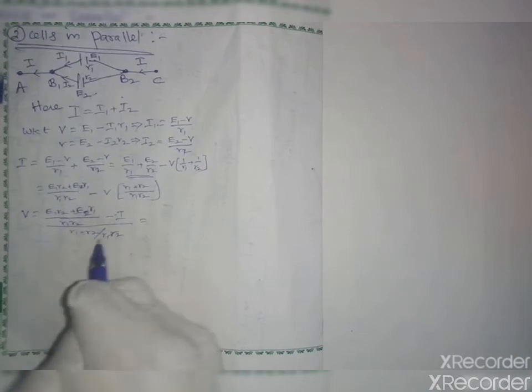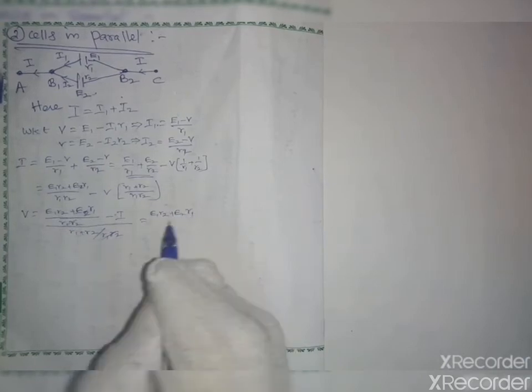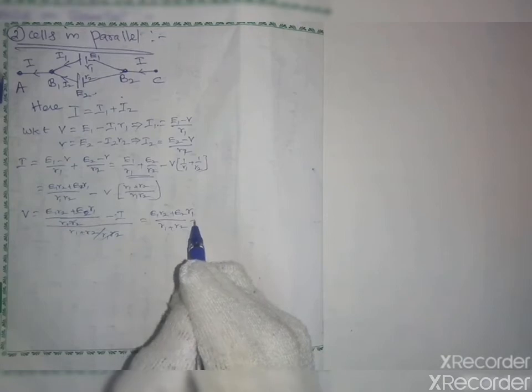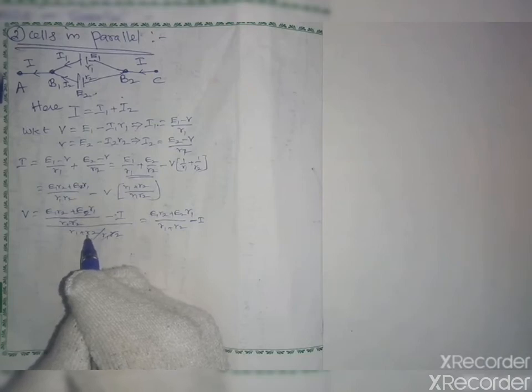By simplifying, this and this get cancelled, so we can write V equal to E1 R2 plus E2 R1 divided by R1 plus R2, minus I into R1 R2 divided by R1 plus R2.